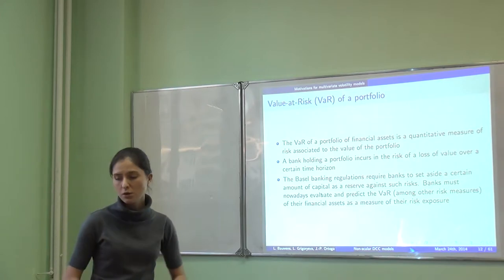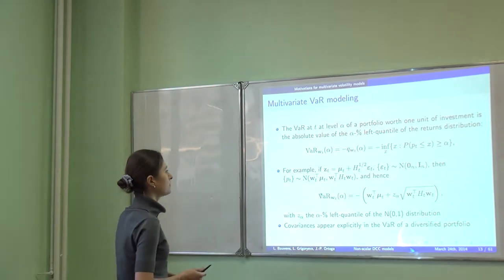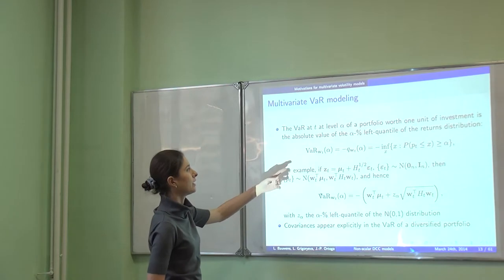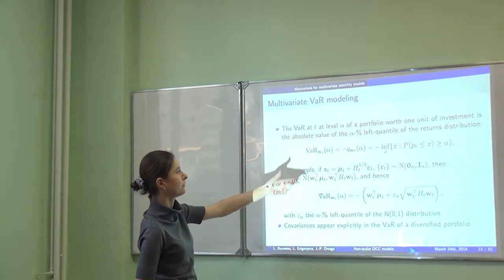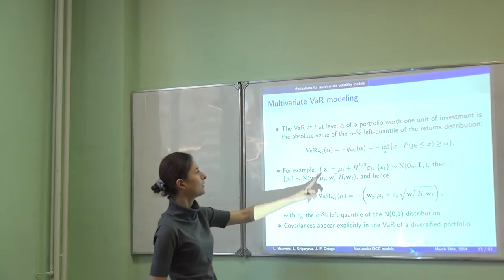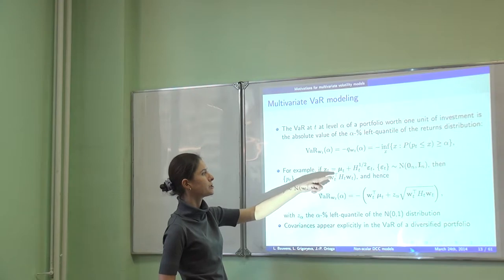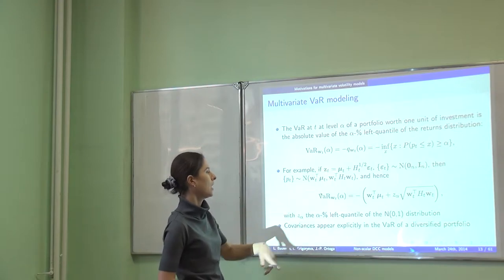What are the approaches to measure the VaR? We can just take the alpha percent left quantile of the distribution of our returns. Or, if we know that we have some model behind, we can use information taken from this model in order to come up with the value of our VaR.